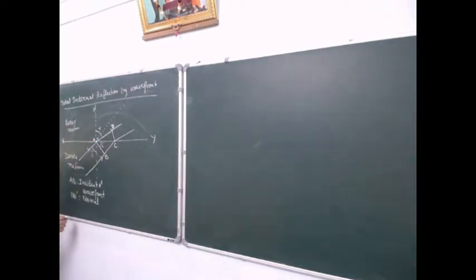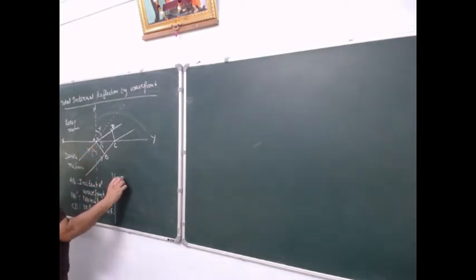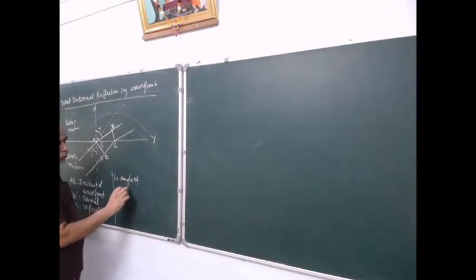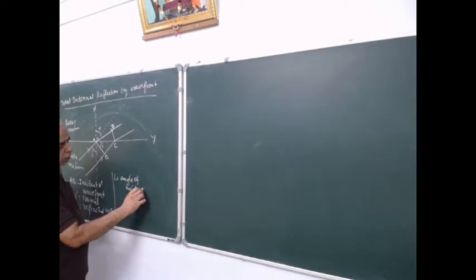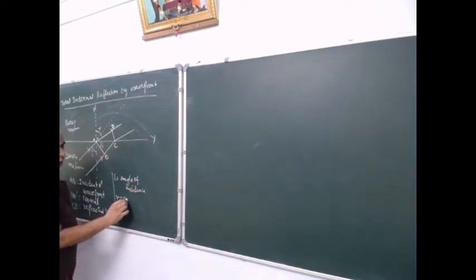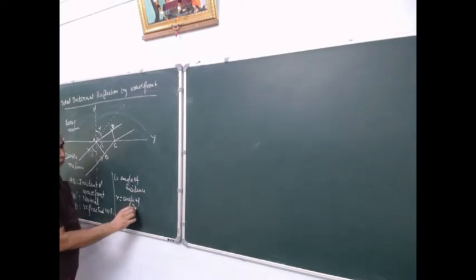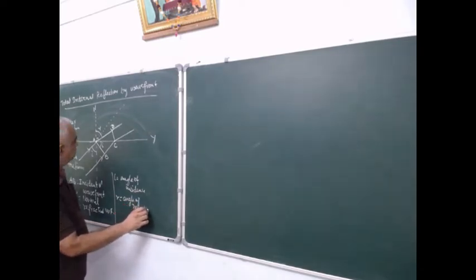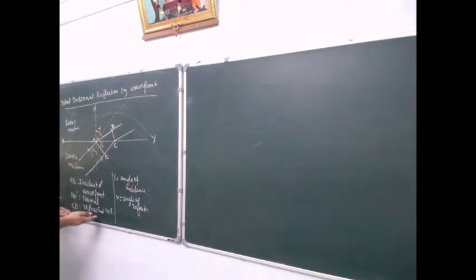So we can call CD the refracted wavefront. I is the angle of incidence. R is the angle of refraction. CD is the refracted wavefront, and AB is the incident wavefront. I hope everything is clear here.